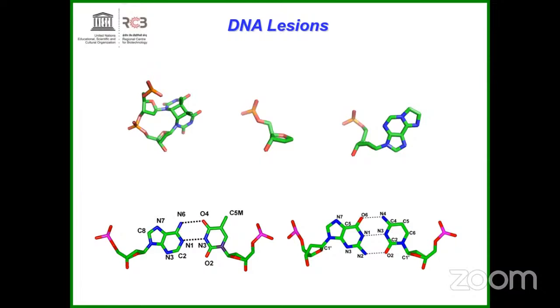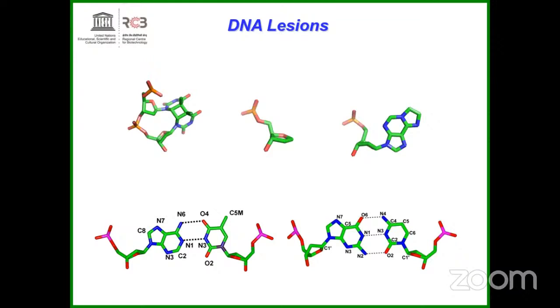But what not many people are aware of is that this DNA is subjected to a lot of chemical stress, both by endogenous agents, which are generated naturally during physiological processes, like acrolein, or by exogenous agents like radiation or many chemicals. Because of these endogenous and exogenous agents, you get DNA lesions, which are modified nucleotides in the genome.